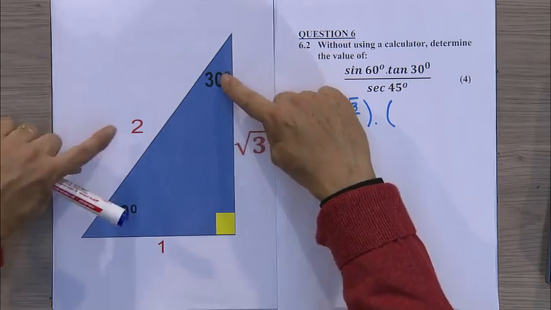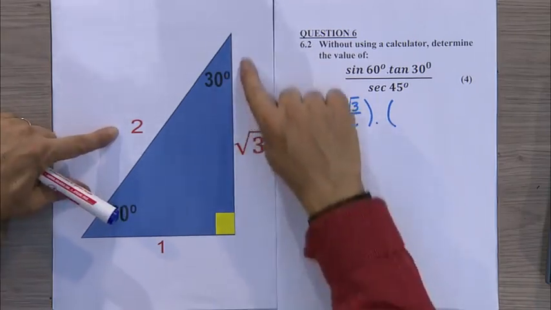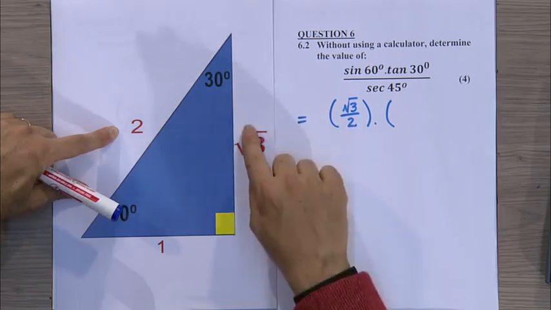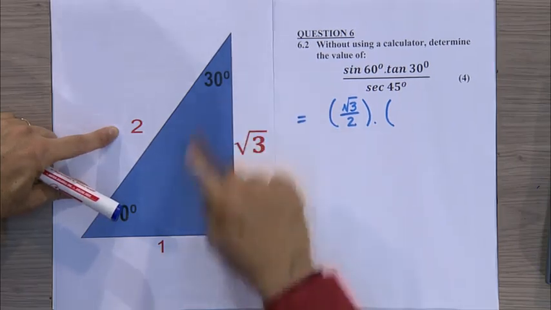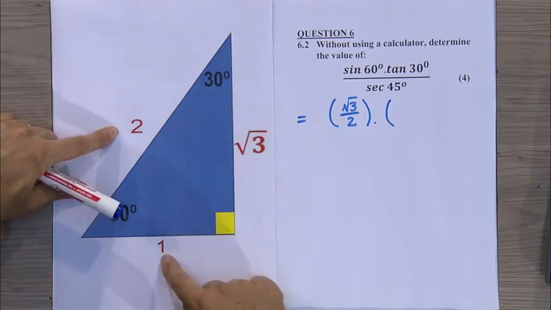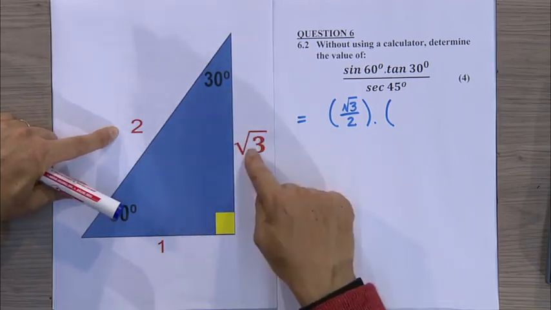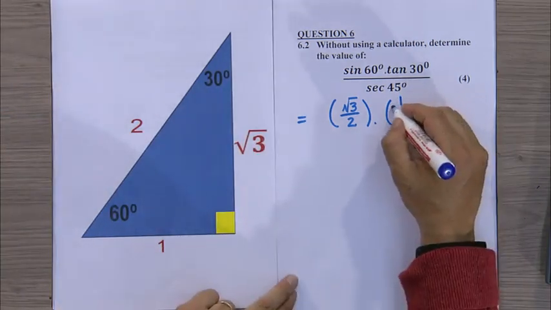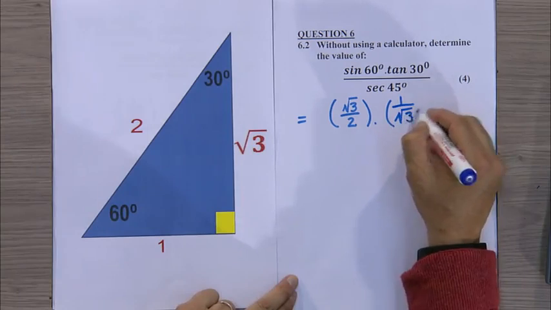So that is still hypotenuse. But what is this now? If this is the angle, that is adjacent, or x. And then that is opposite. So tan means y over x, opposite over adjacent. So that gives me 1 over square root 3.